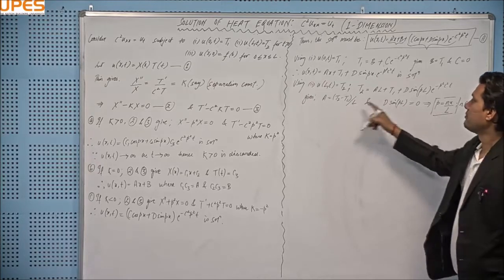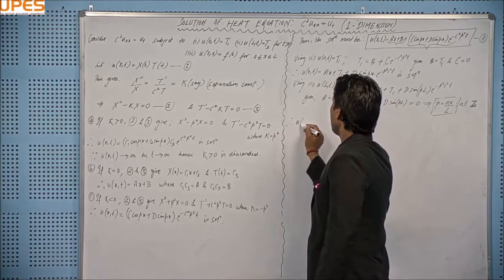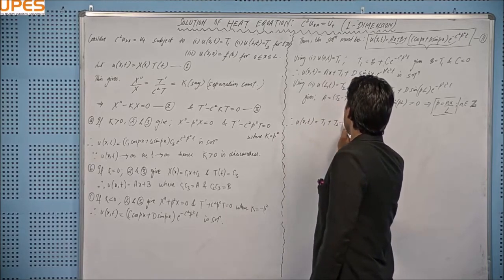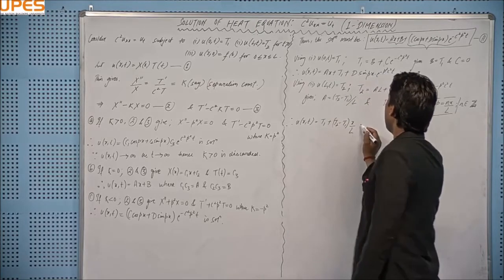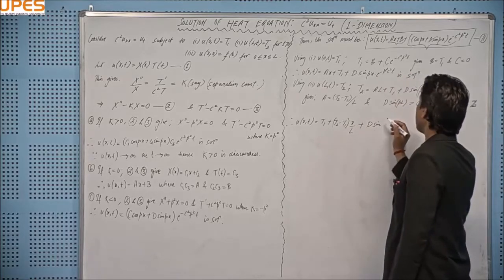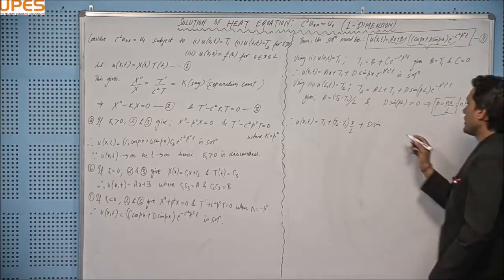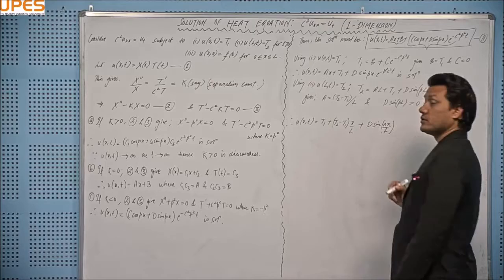And then I will plug this A and p in my last solution, that will give me u(x, t) equal to T1 plus (T2 minus T1) times x over L plus d sine, and in place of p you are going to put n pi over L, which means that n enters your solution.